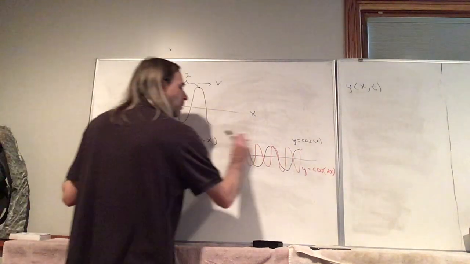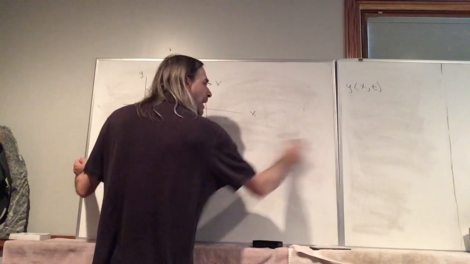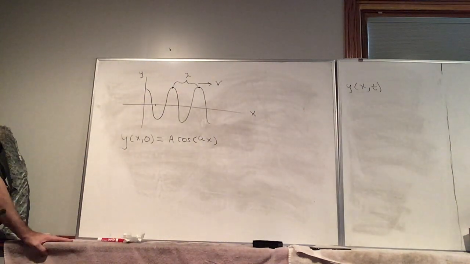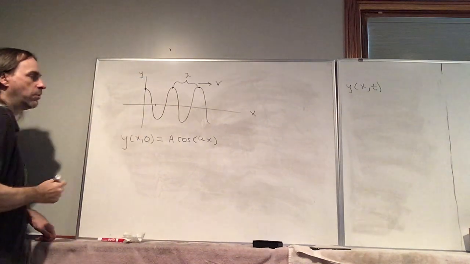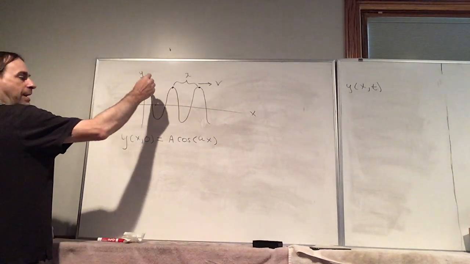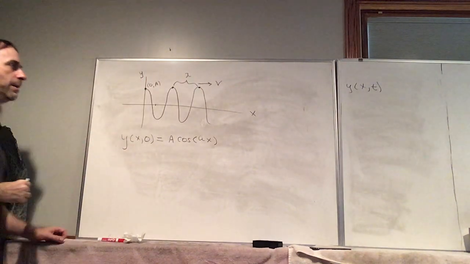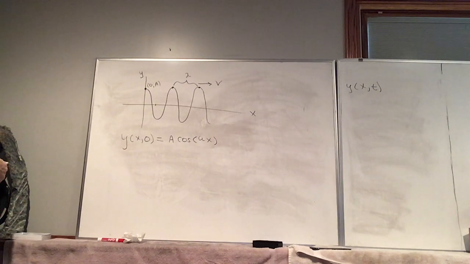So let's see how it relates to the wave more precisely. Well, we know if x equals 0, the amplitude here is a. So that point has coordinates 0, a.